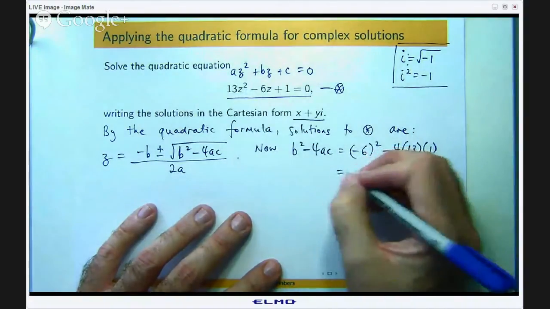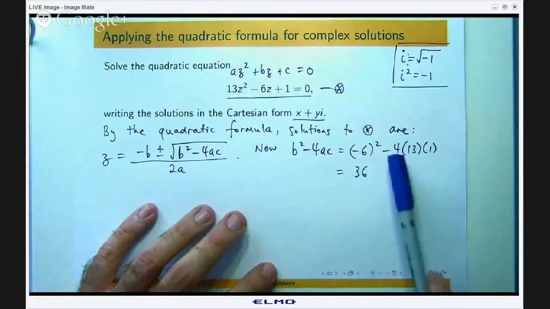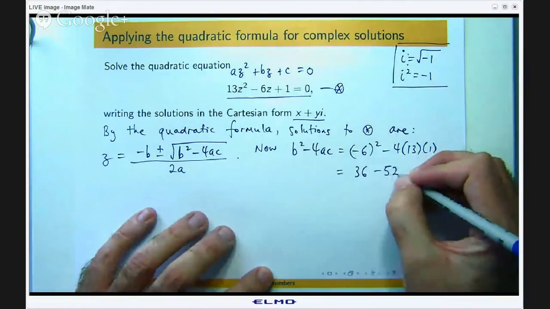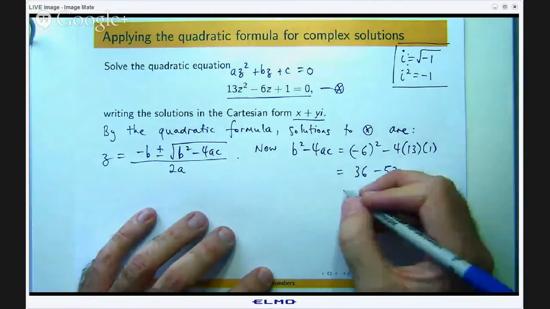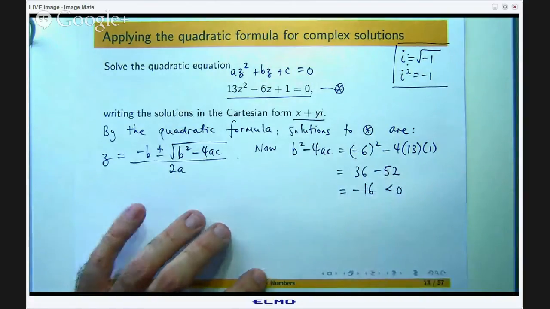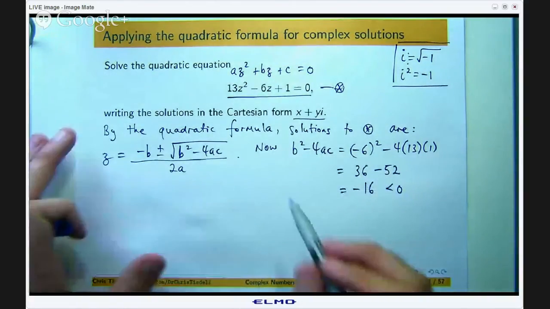Okay, so I'm going to get 36 here, and I'm going to get -52 over here. So if you simplify this, you'll get -16, which is less than 0.